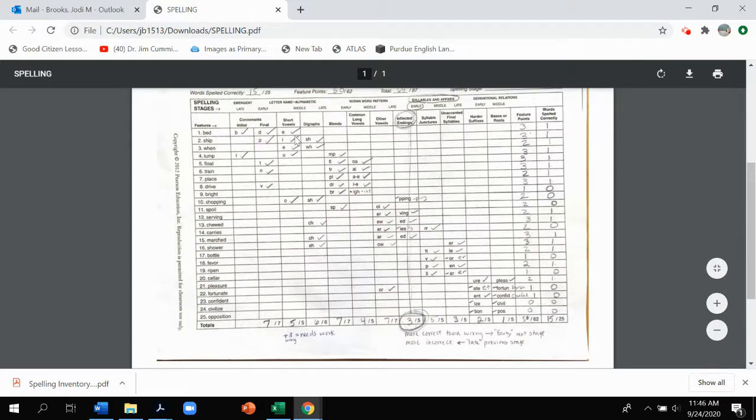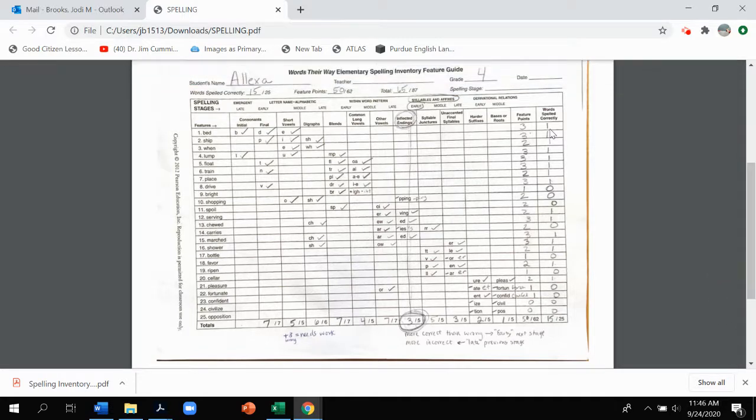Alexa spelled bed with all of the features that we're looking for: B, D, and E. So consonants are here, initial and final, and then that short vowel. She receives all 3 feature points, and she spelled the word correctly. So we give a 1 for correct and 0 for incorrect.